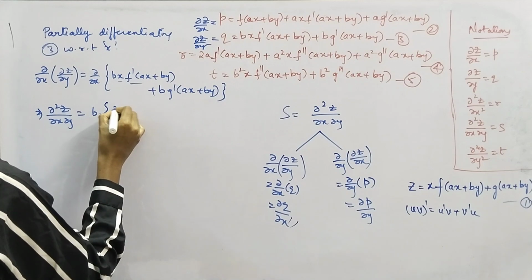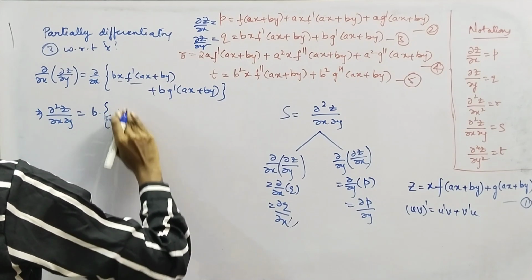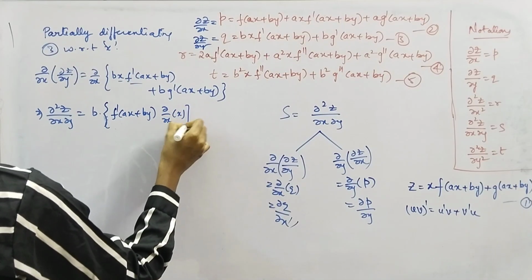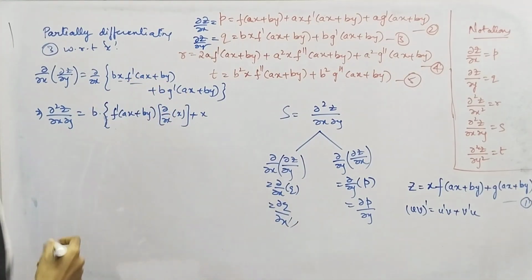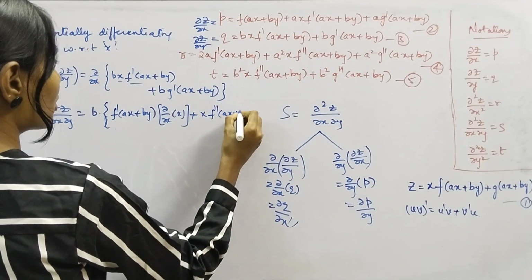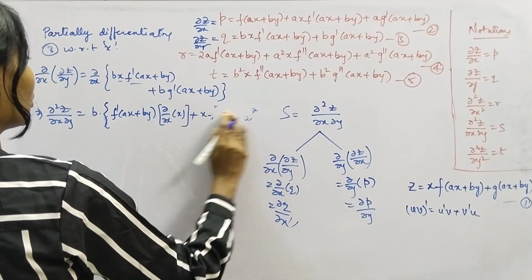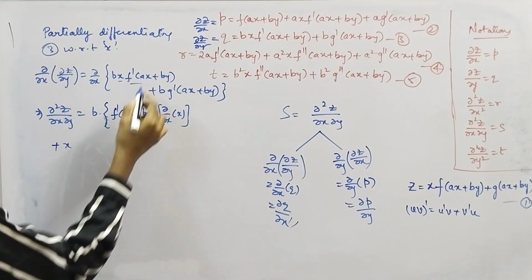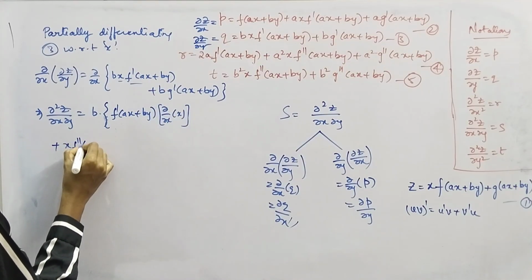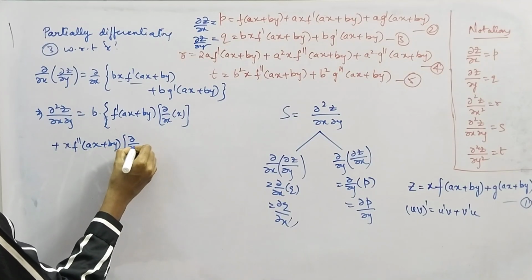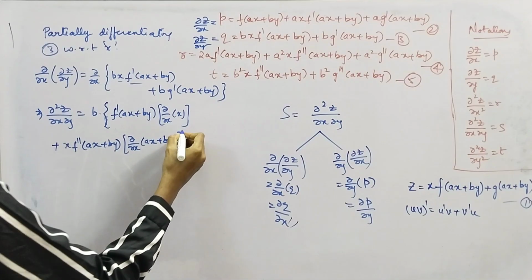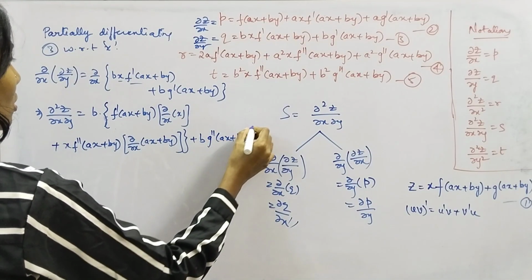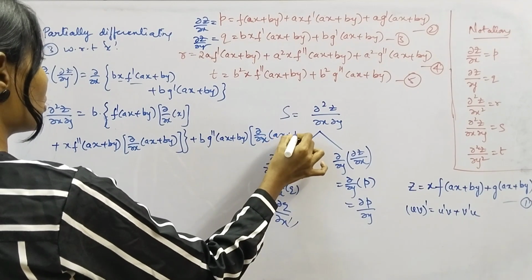So we'll get b into the partial derivative of x with respect to x, that is, f' of (ax+by) into the partial derivative of x with respect to x, plus x into the partial derivative of f' of (ax+by), which is f'' of (ax+by) into its inner derivative, that is ∂/∂x of (ax+by), plus b into the partial derivative of g' of (ax+by) with respect to x, which is g'' of (ax+by) into its inner derivative, that is ∂/∂x of (ax+by).